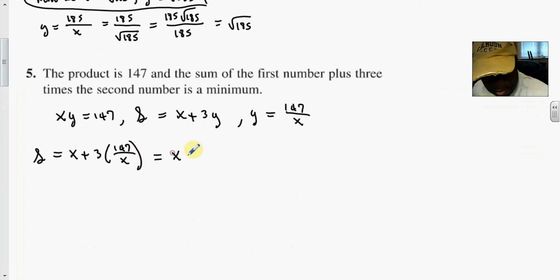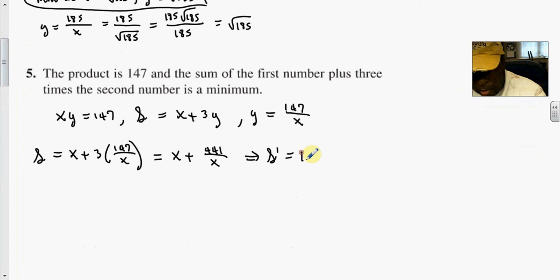So this gives us x plus 441 over x. We take its derivative, so we have S prime is equal to 1 minus 441 over x squared.